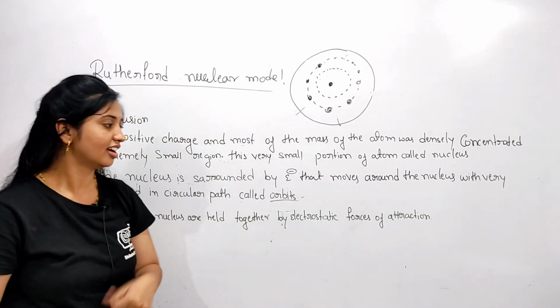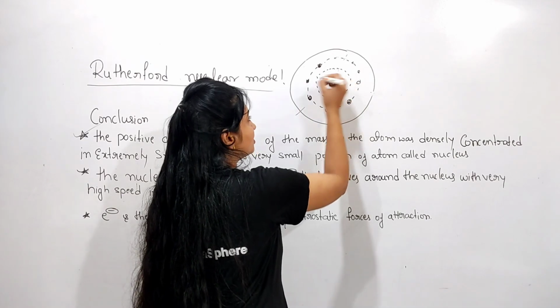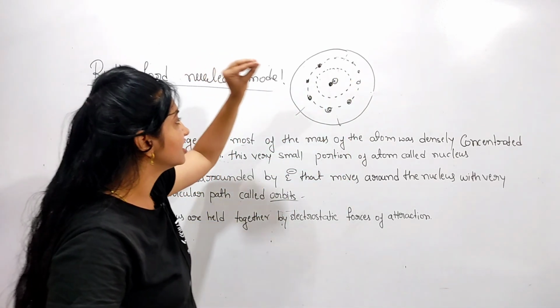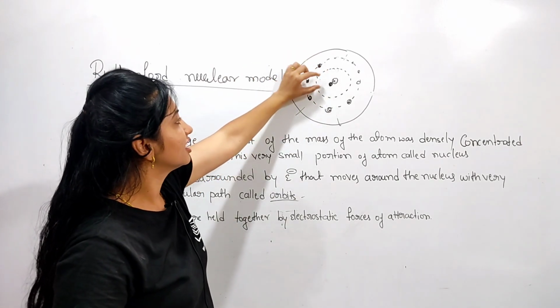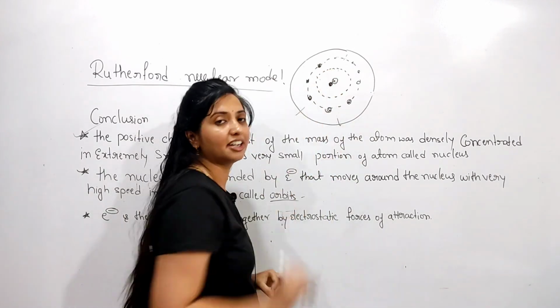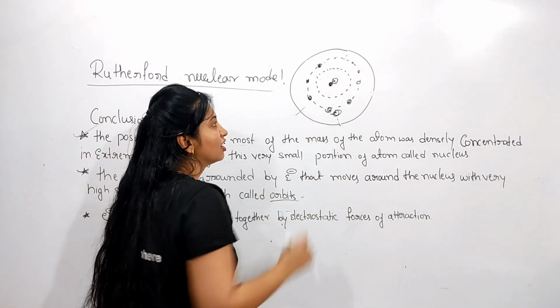I already told you the nucleus is a positively charged, heavy and heavily concentrated portion at the center of an atom, and the electrons are negative in nature.